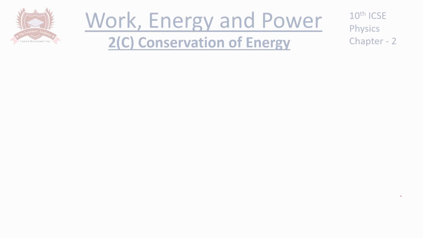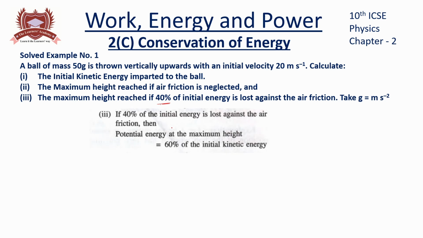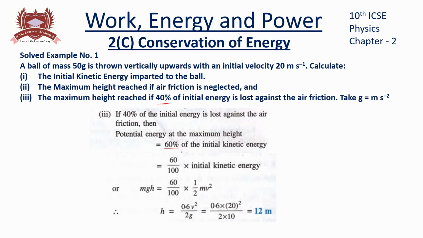Now what happens when the air friction consumes 40% of the initial energy? So 40% of the energy is lost against the air friction. Then the potential energy at maximum height would be 60%, that is 100 minus 40, so 60% of the initial kinetic energy. So it would be 60 upon 100 times the initial kinetic energy.